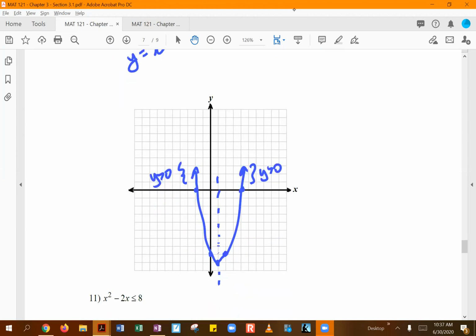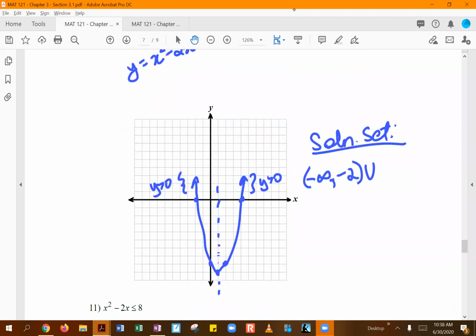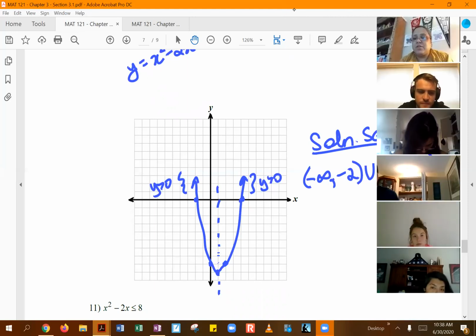So this is how you write your solution set the way Grace has it. We're going from negative infinity to negative 2. You're not including negative 2 because this is just a greater than. There is no equal to in there. So going from negative infinity to negative 2, and then we pick right back up at positive 4, and now you're going to positive infinity. So it's just those two little arms of our graph that are above the x-axis where your solution set is going to be.